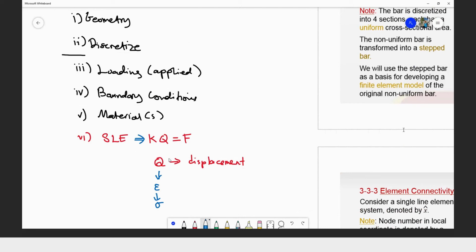So once we have the displacement, then we can obtain the normal strain and also normal stress. Okay, boleh follow setakat ni? Yang ni kita akan guna pakai dia sampai habis semester.